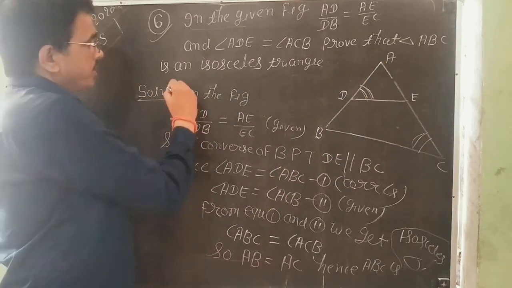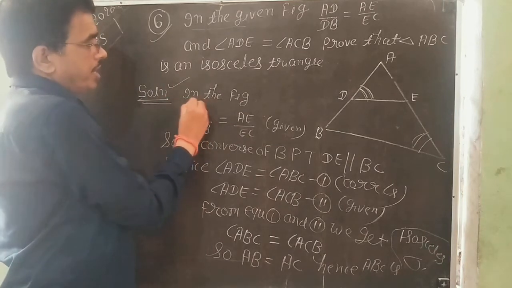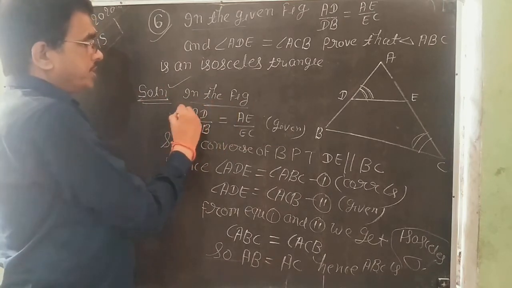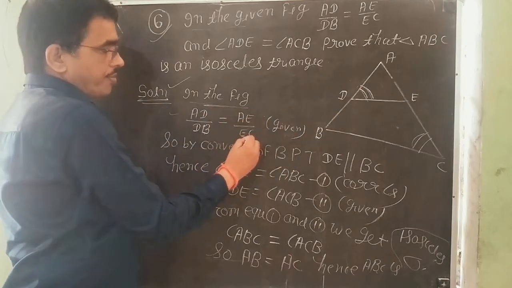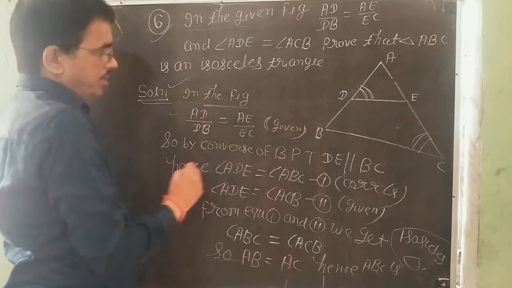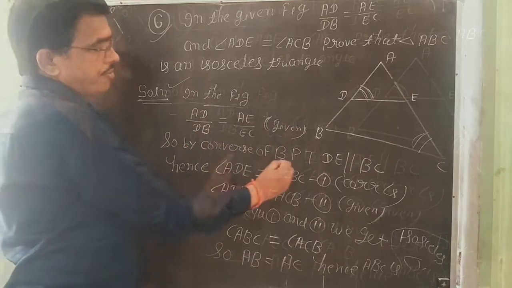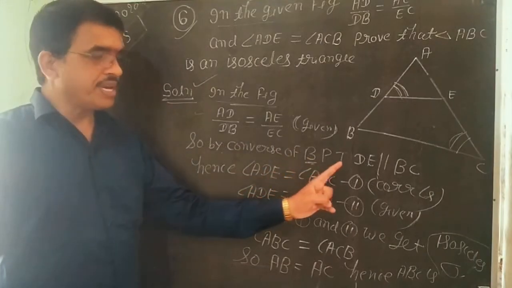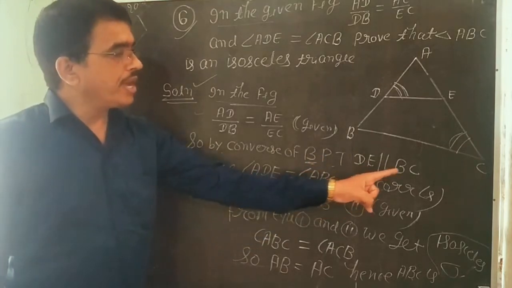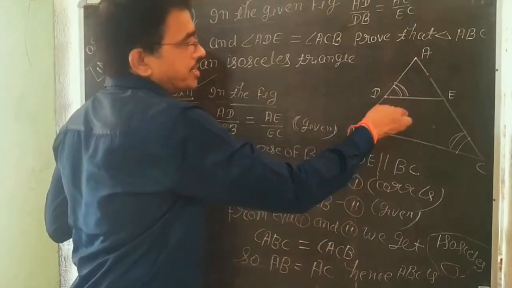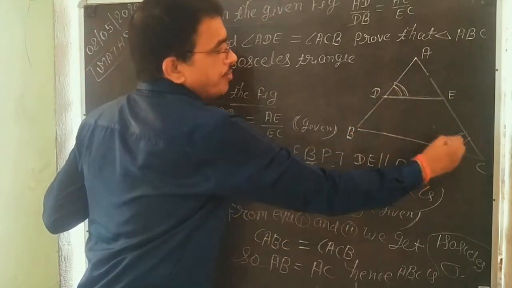So dear student, first we write the solution. In the given figure, AD by DB is equal to AE by AC, that is given. So by the converse of the basic proportionality theorem, DE is parallel to BC. That means this line DE is parallel to BC.